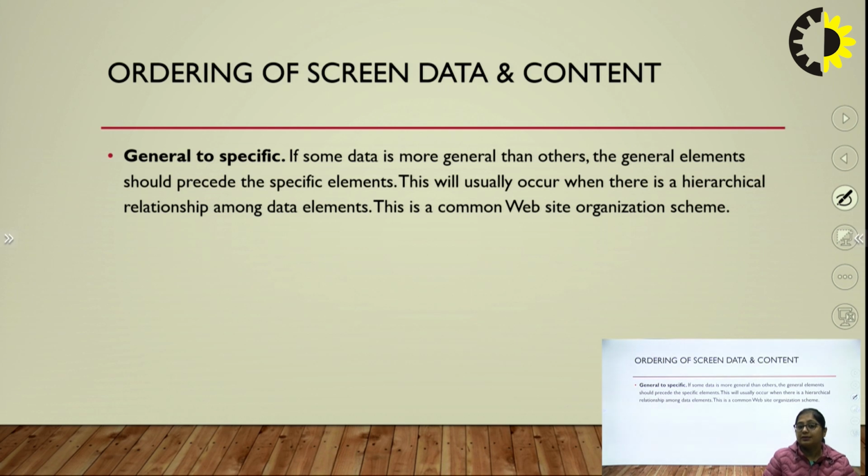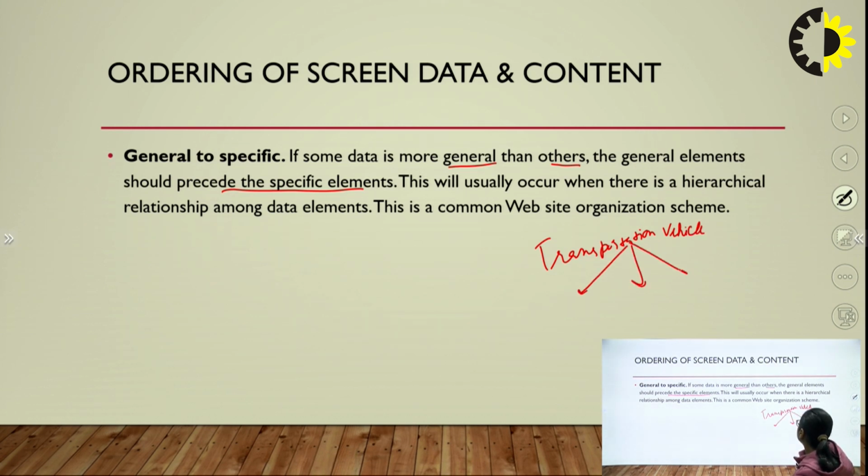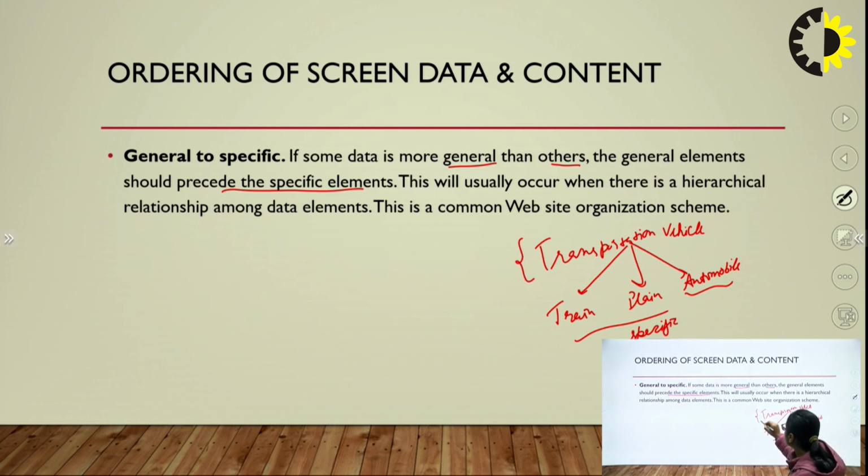Next and the last one is general to specific. If some data is more general than other, the general element should precede the specific element. Suppose transportation vehicle is a general term, okay. Transportation by train, by plane and by automobiles are the specific things, and this is the general term.